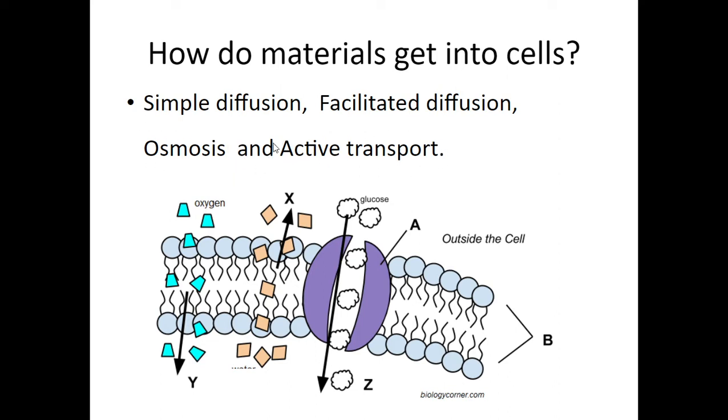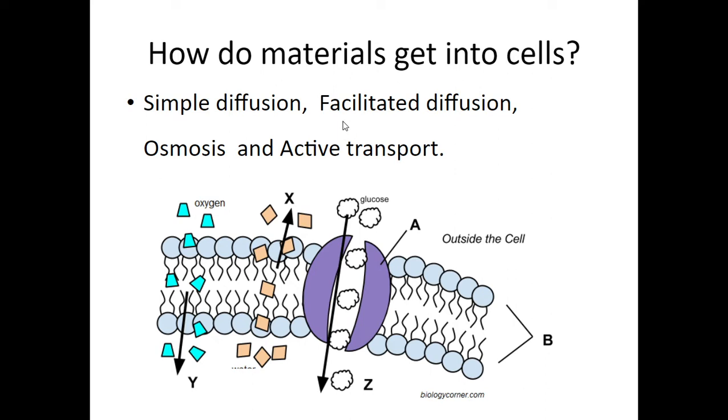And active transport itself is kind of an umbrella term, because we could call simple diffusion, facilitated diffusion, and osmosis all a form of what we call passive transport. So we have passive transport, which is simple and facilitated diffusion, as well as osmosis, and then active transport, and we'll look at examples of active transport specifically later on.